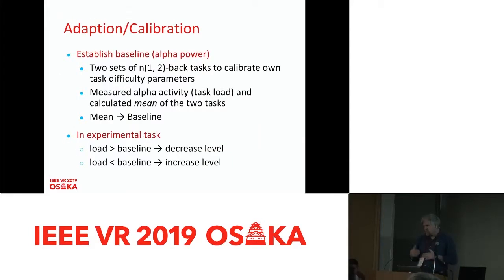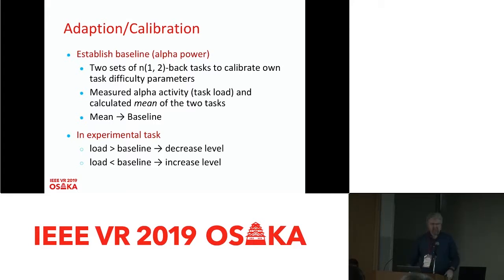What we need to do in this case is measure, when people start using the system, people's innate cognitive load ability. So we use what's called an n-back task, which is where you recall numbers that were either 1 or 2 before the current number. It's a typical task used in psychology to establish cognitive load. And so we can then measure alpha activity, and we can calculate the mean of these 2 tasks to establish a baseline.